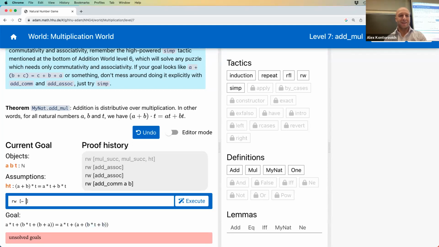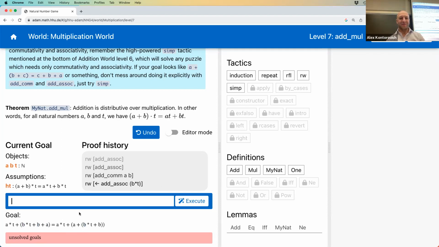Left add_assoc on B times T and B plus A, so that we get the grouping of B T plus B and then plus A. Great. So watch this, I don't even have to tell it B plus A because there's only one place where there's a B plus T and a plus with more pluses after it.